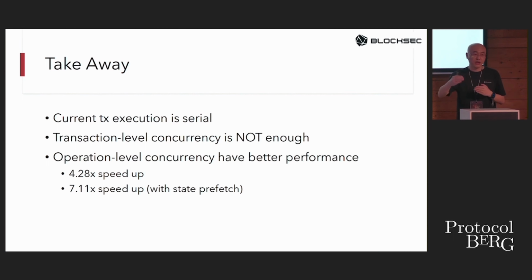Instead of re-executing the whole transaction, we just re-execute part of the operations, part of the instructions inside the transaction when a conflict is detected. And we have implemented such a system, and our system can have a 4x to 7x speedup compared to the vanilla Geth client.